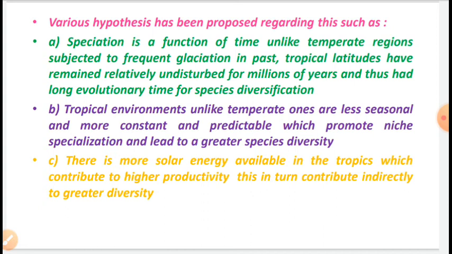Green plants can carry out maximum photosynthesis, and when photosynthesis takes place more, there is higher productivity in that area. So these three hypotheses are proposed: one about speciation, one about tropical environments unlike temperate areas, and the third related to solar energy.